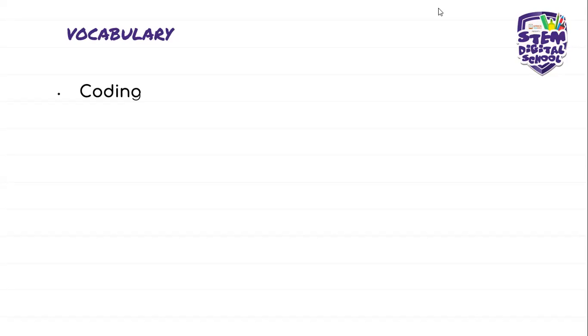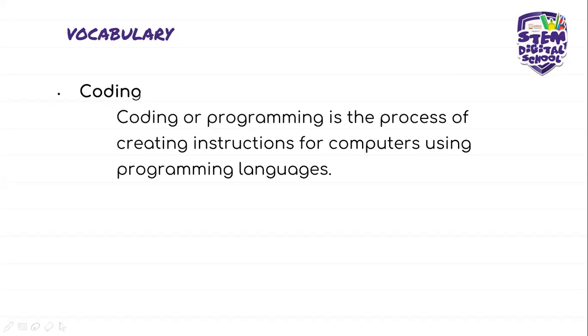Okay, wow. Thank you very much, Zoe. Well done. Yes, guys, we're going to give instructions. This is our language, what we use to talk to the computer and to the programs. So it's coding or programming, the process of creating instructions for the computers using a programming language.